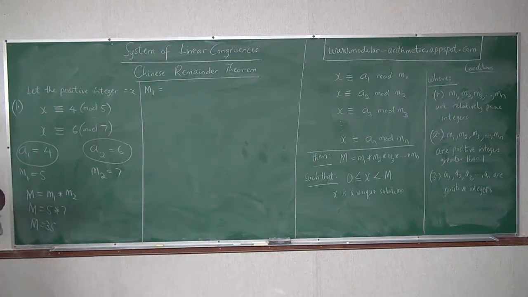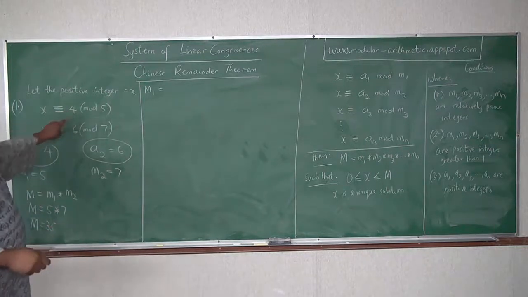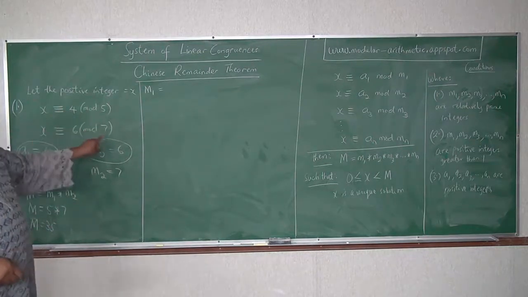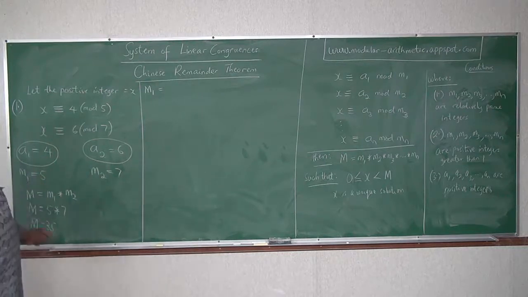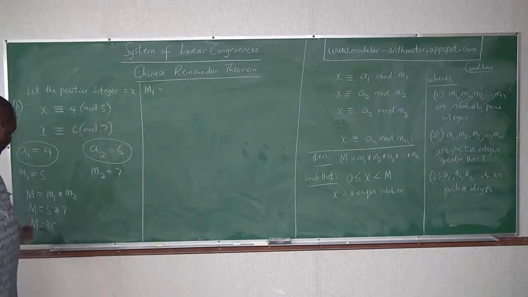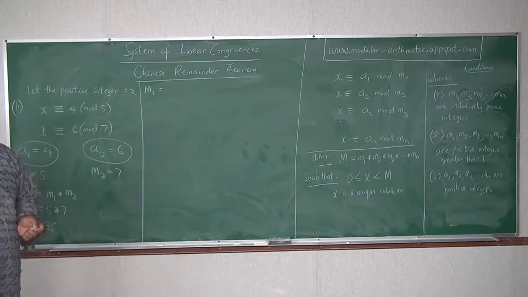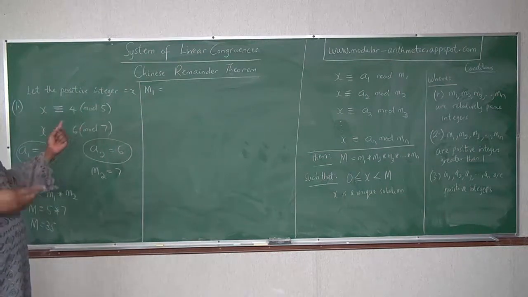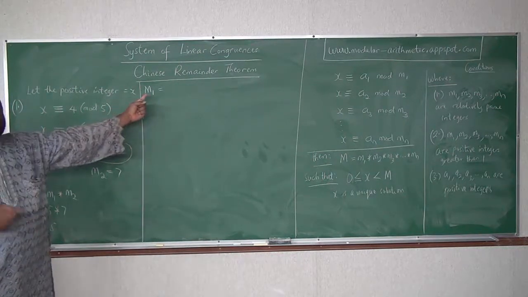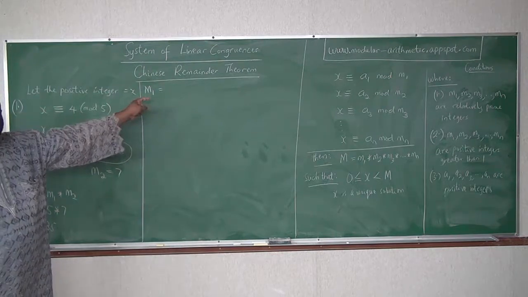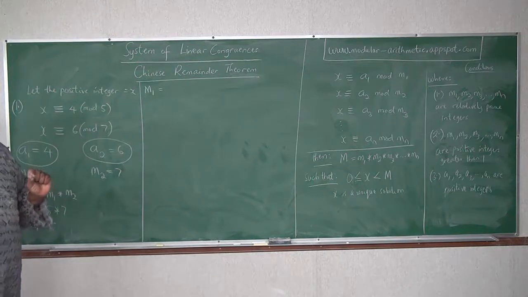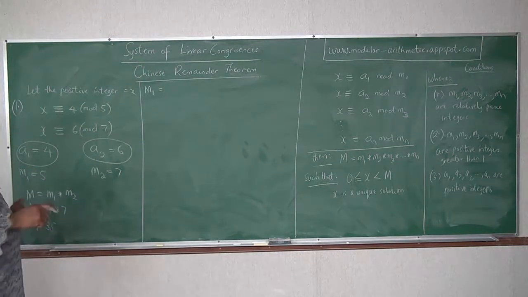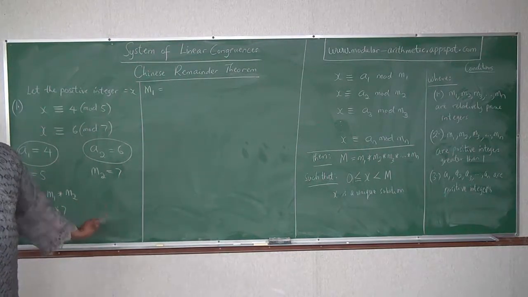So first of all, we wrote this A1, A2, M1, M2. Then we find the product of the moduli, uppercase M. Now let's find the moduli that applies to each congruence based on the product.